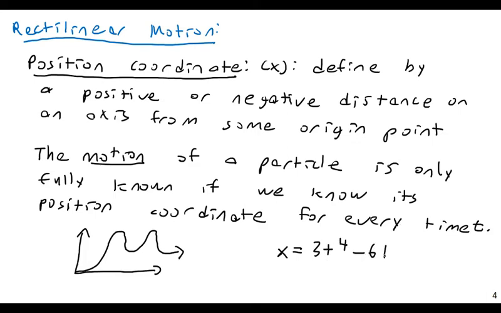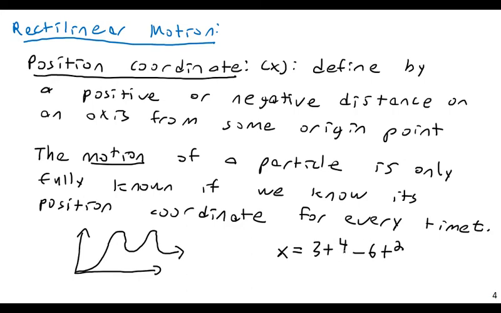And no, this graph does not describe this equation. This is just a general arbitrary graph, and this is just a general arbitrary equation. If I had either one, I could say I truly understand the motion of a particle. If I don't have one of these, I can't really say I know the motion.